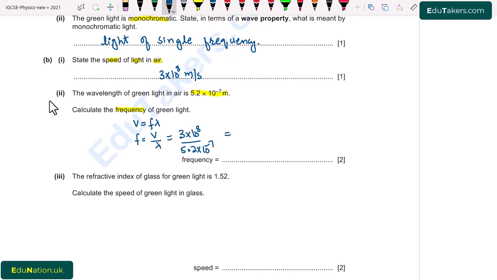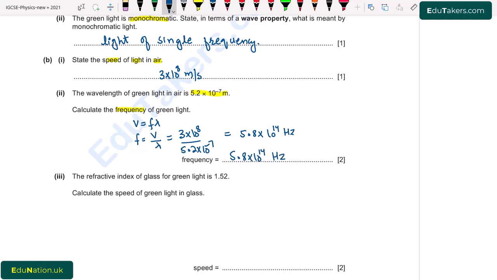So the frequency comes to be 5.8 into 10 to the power 14 Hertz. So the frequency is 5.8 into 10 to the power 14 Hertz, that is for green light.